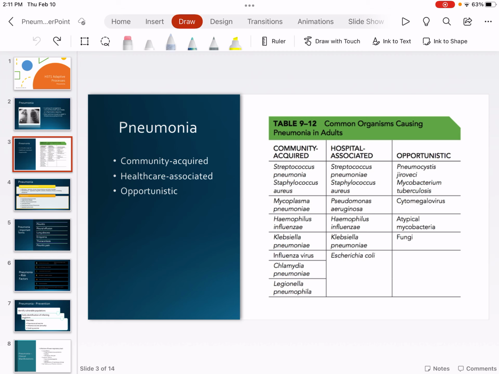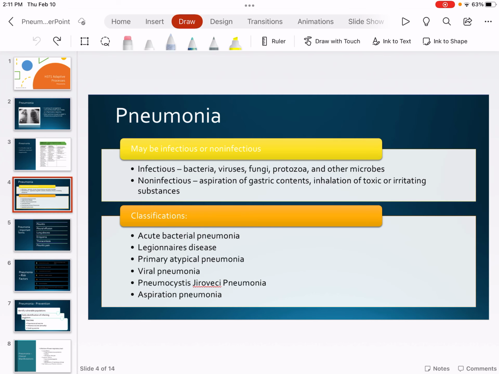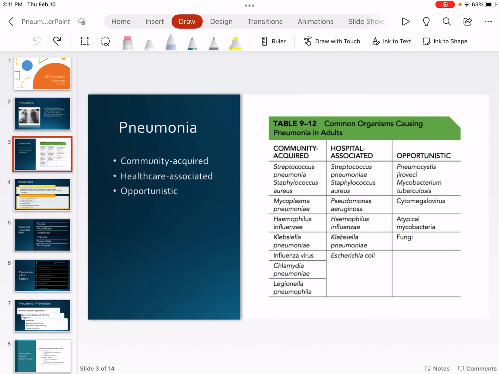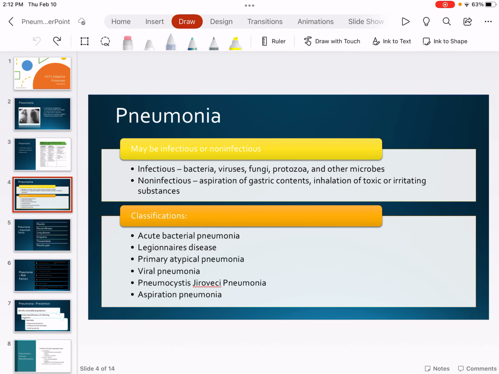Hospital-associated or healthcare-associated would be pneumonia that occurred as the result of contracting that infection in a healthcare facility. And then opportunistic pneumonia occurs when the host is in an immune compromised state.